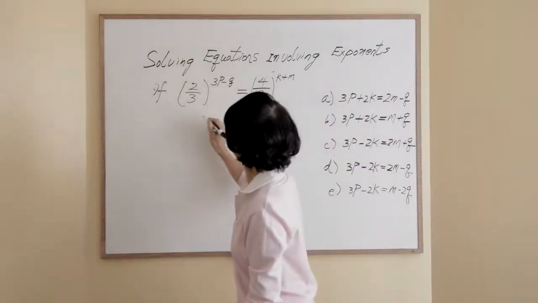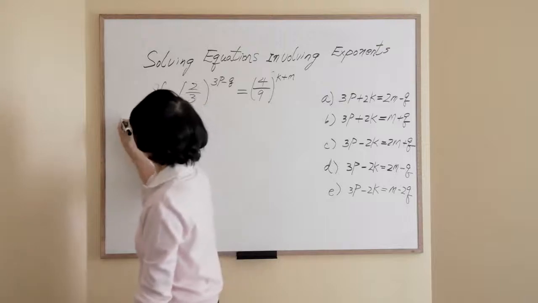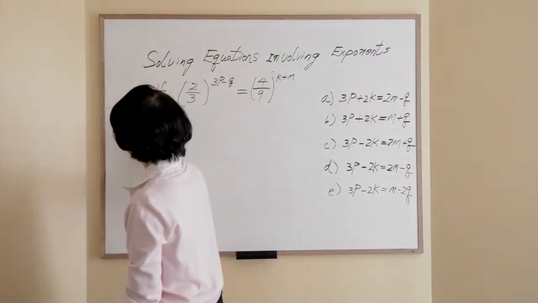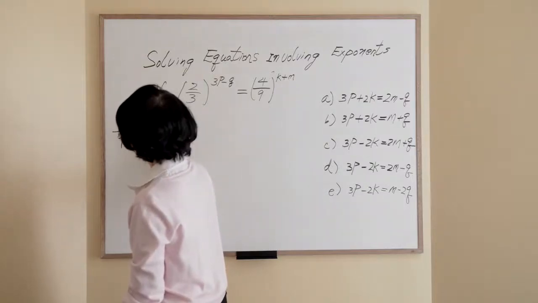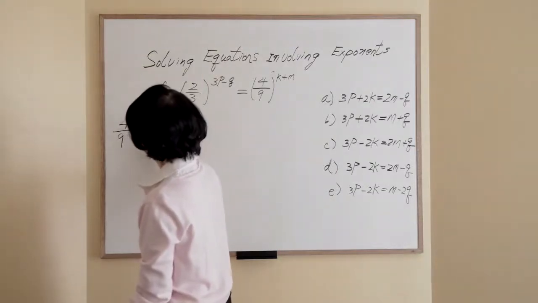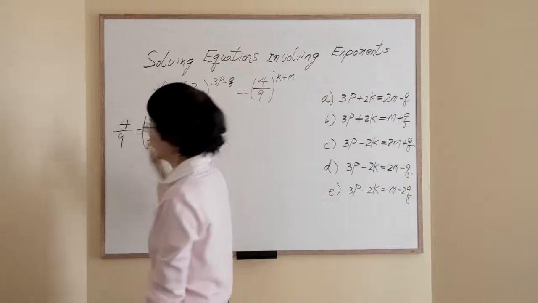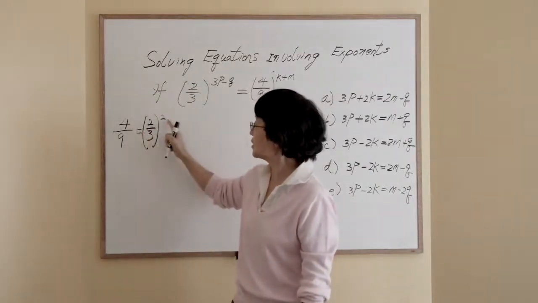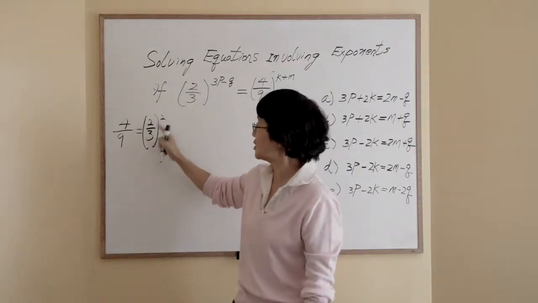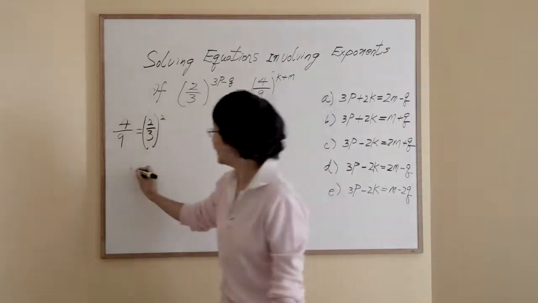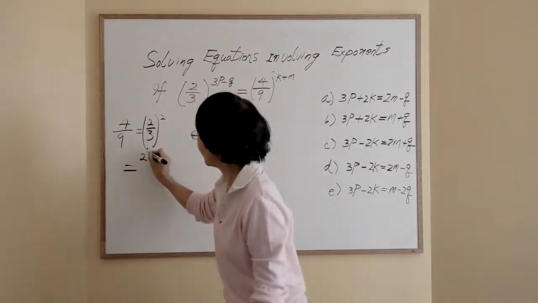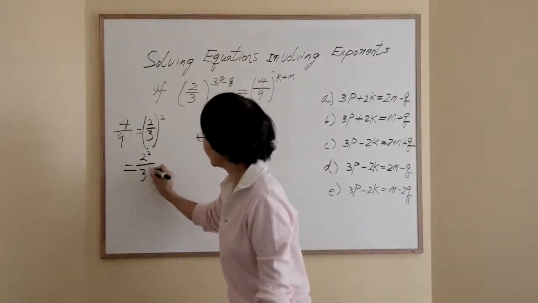So let's write here: 4 over 9 basically is 2 over 3 to the power 2. Correct? Because 2 to the power 2 is 4, 3 to the power 2 is 9. That's why you get 2 to the power 2 and 3 to the power 2.